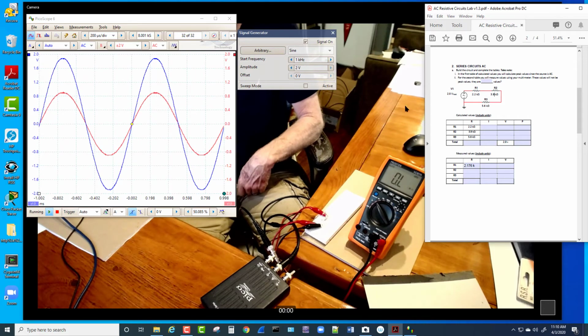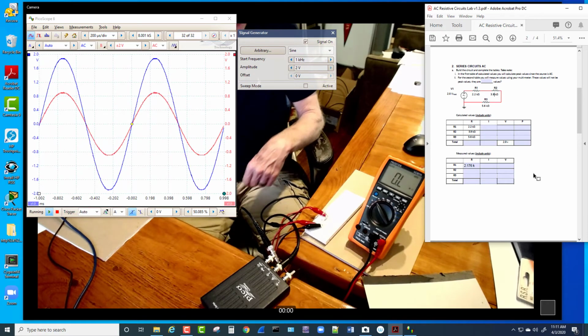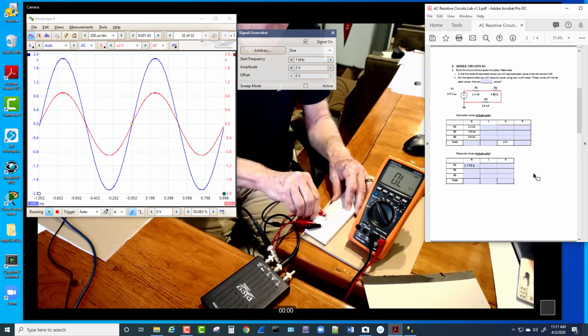I would expect that because this 5.6 K is a little bit smaller than the sum of these two. All right, so that's kind of how that goes. But that's not what goes in this table. I'll set that aside.